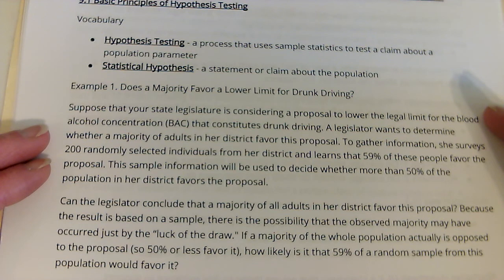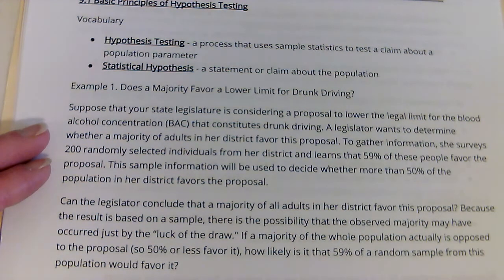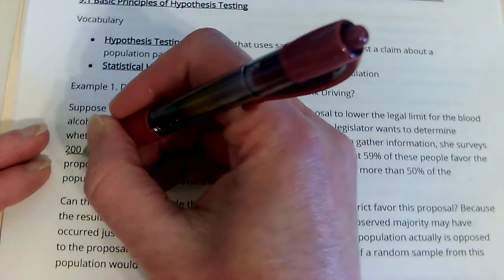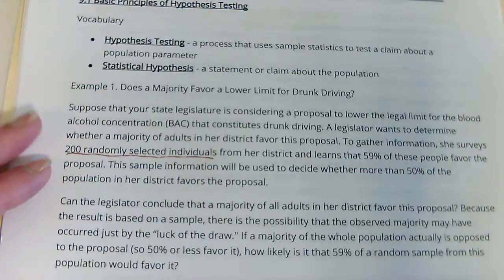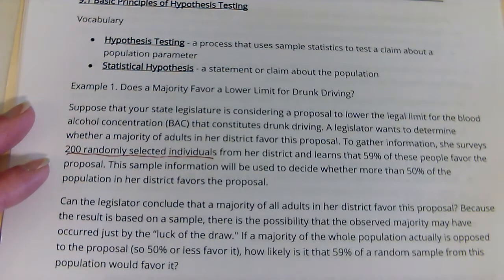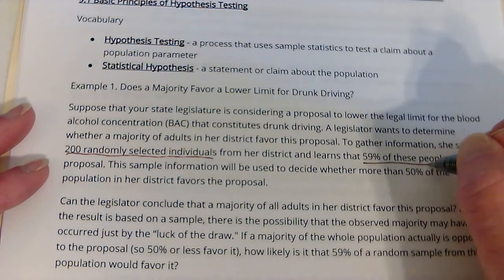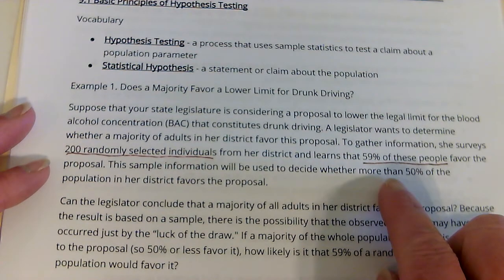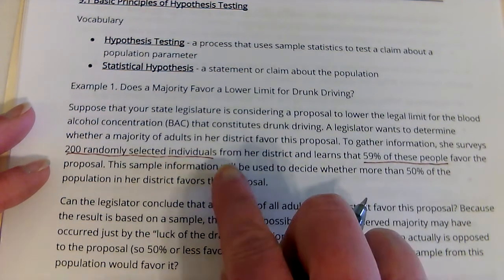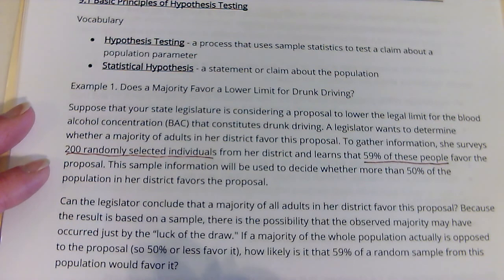To gather information, she surveys 200 randomly selected, and that's important, individuals from her district, and learns that 59% of these people, so 59% of the sample, favor the proposal. This sample information will be used to decide whether more than 50% of the population favors the proposal.